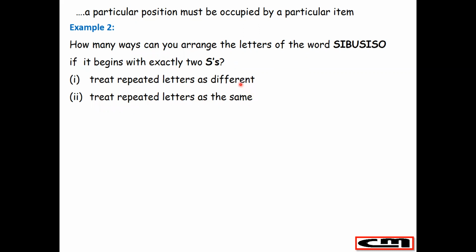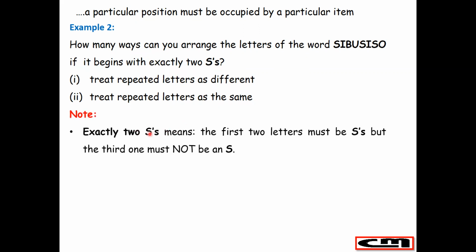Now, first and foremost, we need to make sure that you understand the meaning of exactly 2 S's. Exactly 2 S's means the first 2 letters must be S's, but the third one must not be an S because of the word exactly.